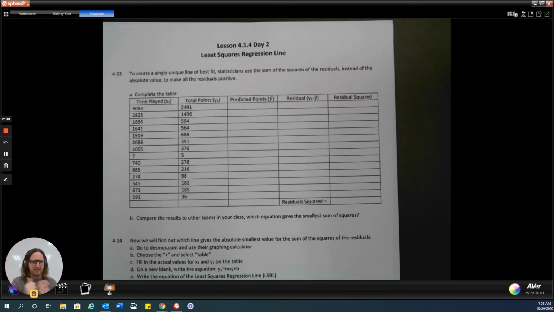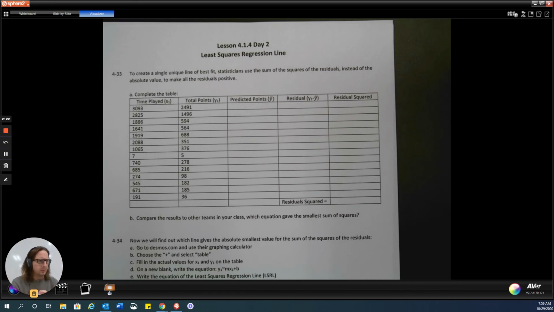So we can think of it in terms of absolute value, but statisticians, instead of absolute value, look at it in terms of squaring, because squaring, like absolute value, will always make numbers positive. If you have a positive number and you square it, it's going to be positive, and if you have a negative number and you square it, it's going to be positive as well.